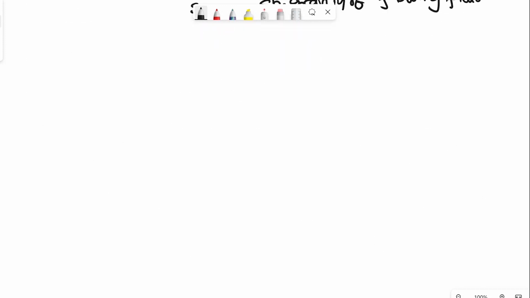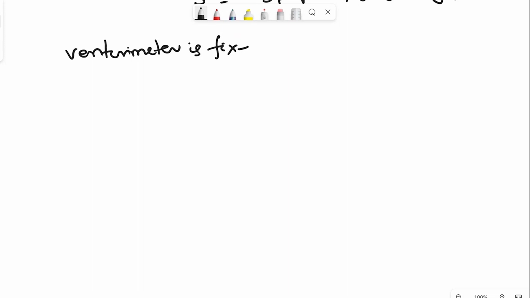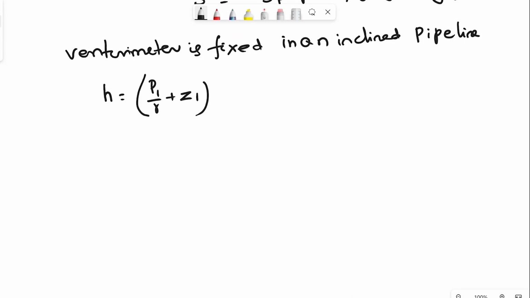So now let us take straight away the problems. Even before going to the problems, one more point I wish to specify. If the Venturi meter is fixed in an inclined pipeline, or in other words, the Venturi meter is in the inclined position, H is equal to (P1 by gamma plus Z1) minus (P2 by gamma plus Z2).